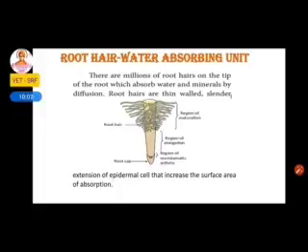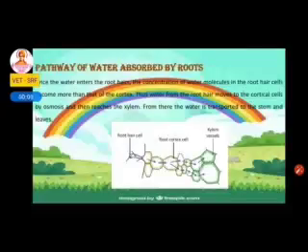Here is the pathway of water absorbed by the root. How does the water enter the plant, and how does the pathway occur? That is called the pathway of water absorbed by the root. Water enters the root hair. The concentration of water molecules in the root hair becomes more than that of the cortex. Then it allows the water molecules to move through the cortex region.